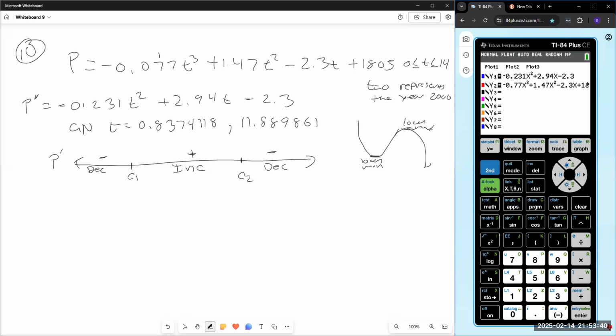It's not quite a year that it switches from decreasing to increasing.